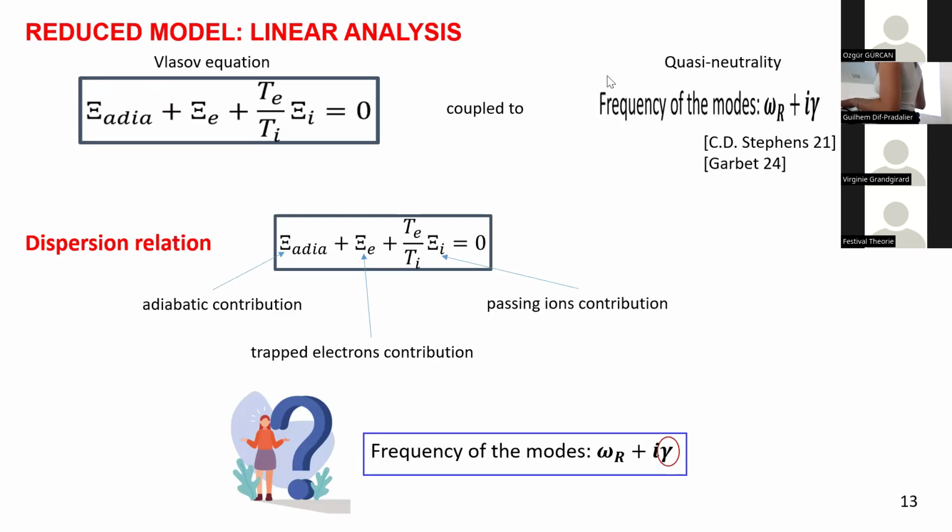And the third one is a passing ion contribution. We solve the dispersion relation in order to get the frequencies of the modes, where we are particularly interested in the imaginary part of the frequency because it represents the growth rate of the mode. So of course we want to see if the modes grow more for positive triangularity or for negative triangularity.